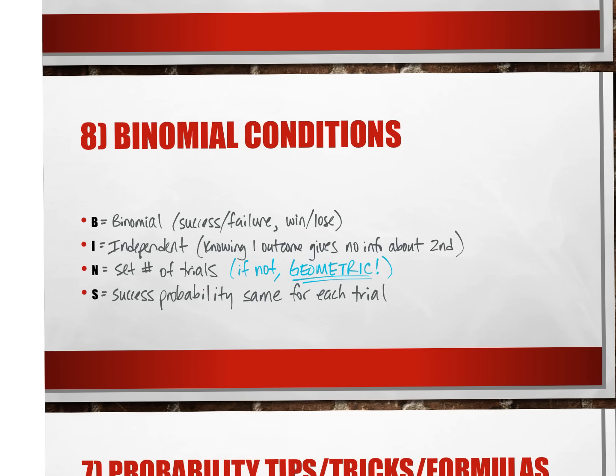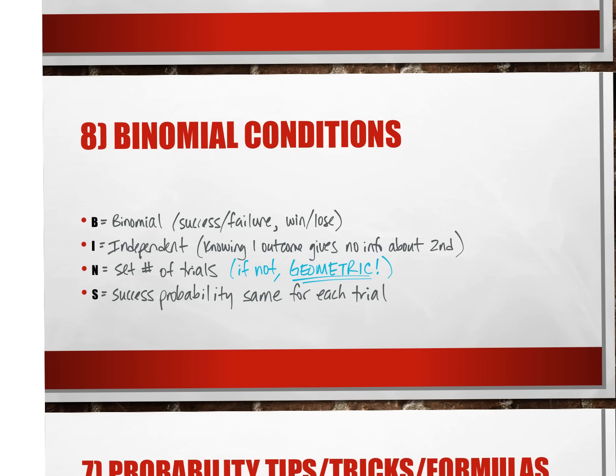That's a geometric situation. So just to refresh your memory, in binomial, the number of times you're doing something is defined and set. Like a 10 question multiple choice quiz, you know you have to answer 10 questions. It's not keep answering questions until something happens. You're taking 10 questions, you're shooting 53 free throws, you're flipping a coin 8 times; the set number of trials is defined.